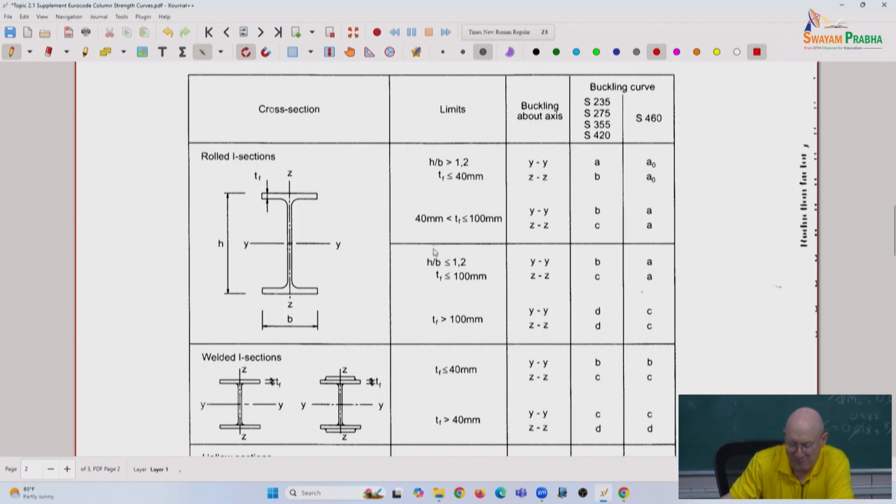It's a little different slicing and dicing than the SSRC table, but with some similarities. A major argument you can always make is that we really should be using a different column strength curve for weak axis bending versus strong axis bending, and that always falls on deaf ears in American practice.